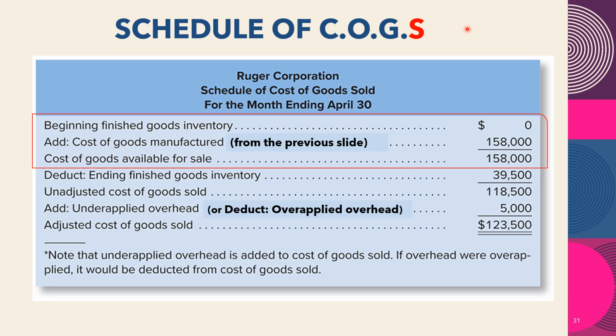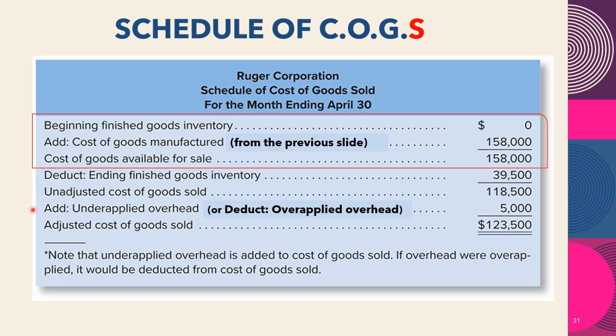Next is a detailed schedule of cost of goods sold for Raja Corporation. Beginning finished goods inventory plus cost of goods manufactured from the previous slide is equal to cost of goods available for sale. Deduct ending finished goods inventory, you will get unadjusted cost of goods sold.